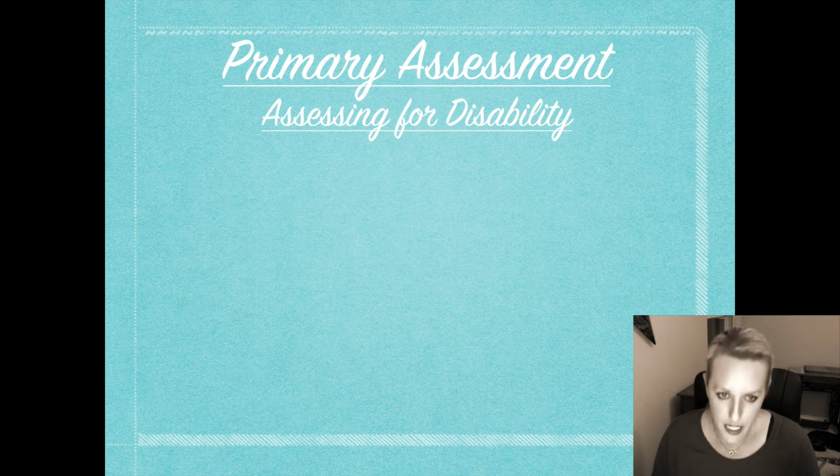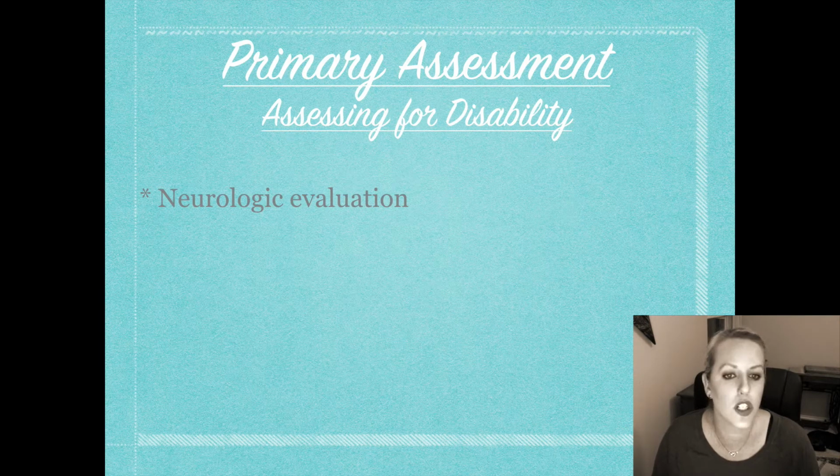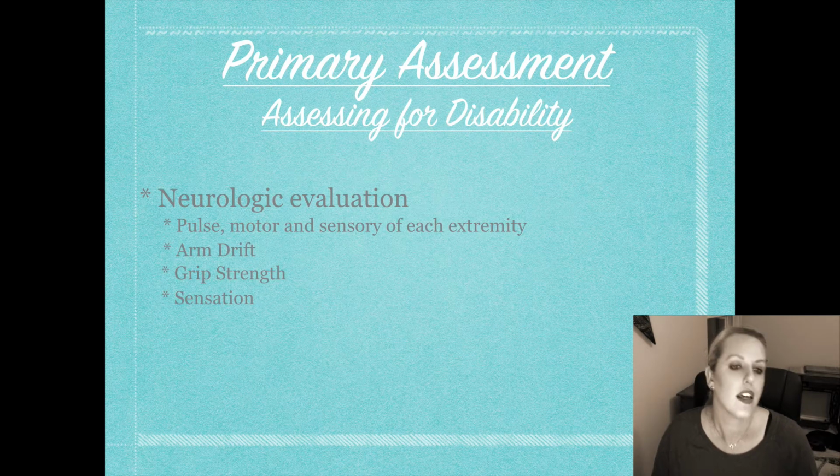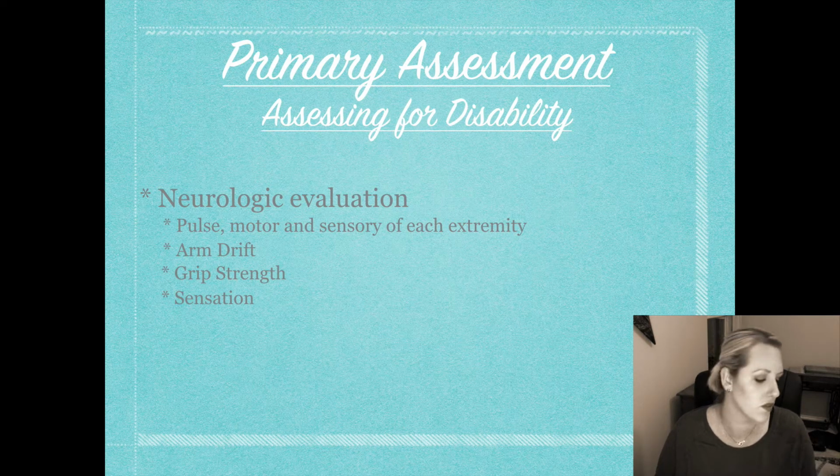Assessing for disabilities. So we need to do a neurological evaluation. This could include pulse, motor, and sensory of each extremity, arm drift, grip strength, and sensation. So basically here we need to do a Cincinnati stroke scale if we believe our patient is having a stroke.